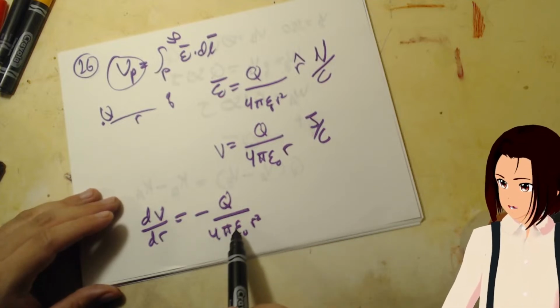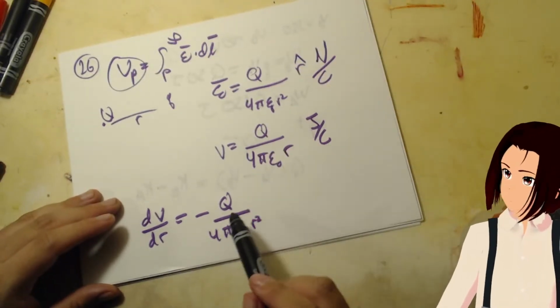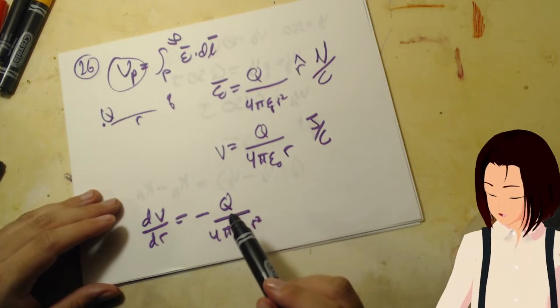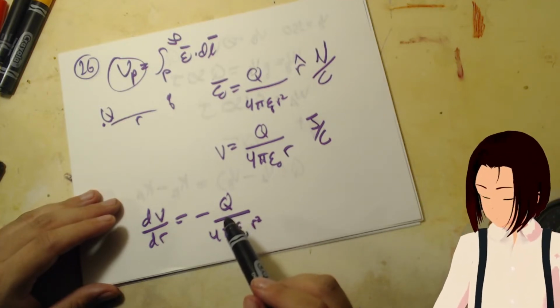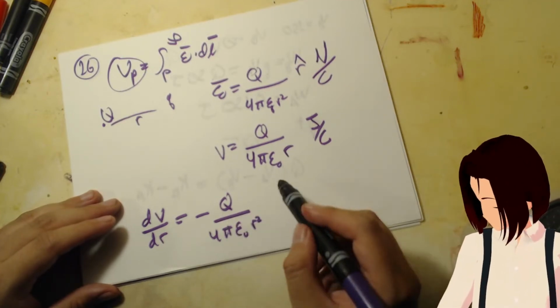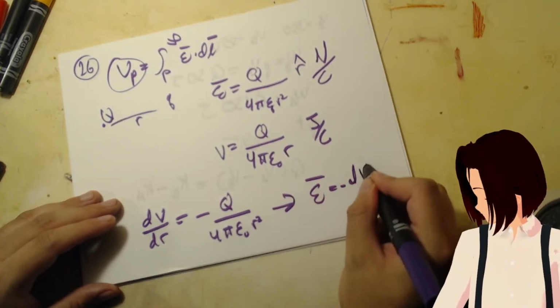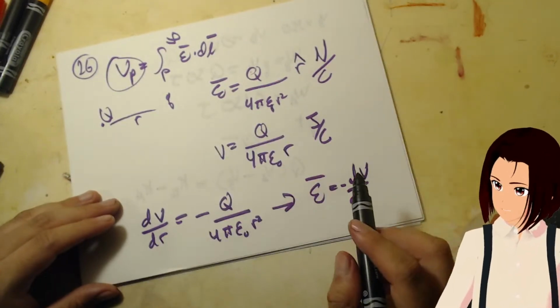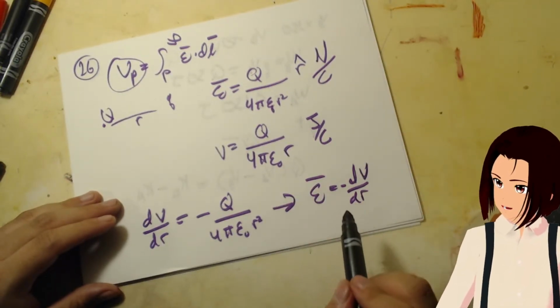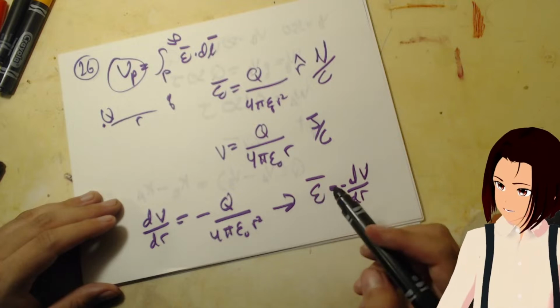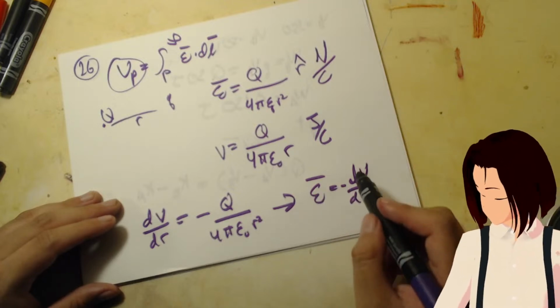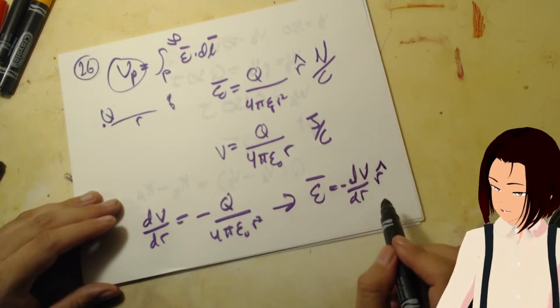I've seen that before. It's right there. We did it. So if we take the derivative of the electric potential, we get the electric field.